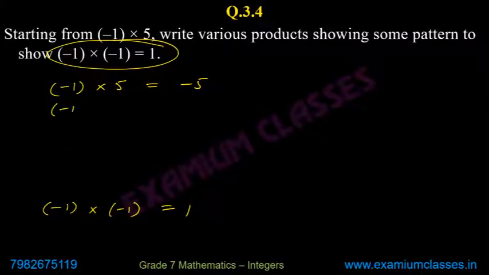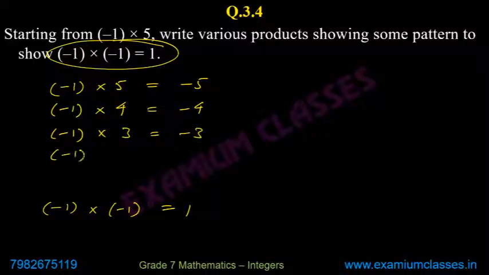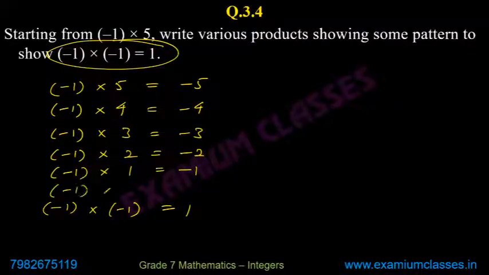So write -1 into 4. It will be -4. -1 into 3, -3. -1 into 2, -2. -1 into 1, -1. -1 into 0, 0.